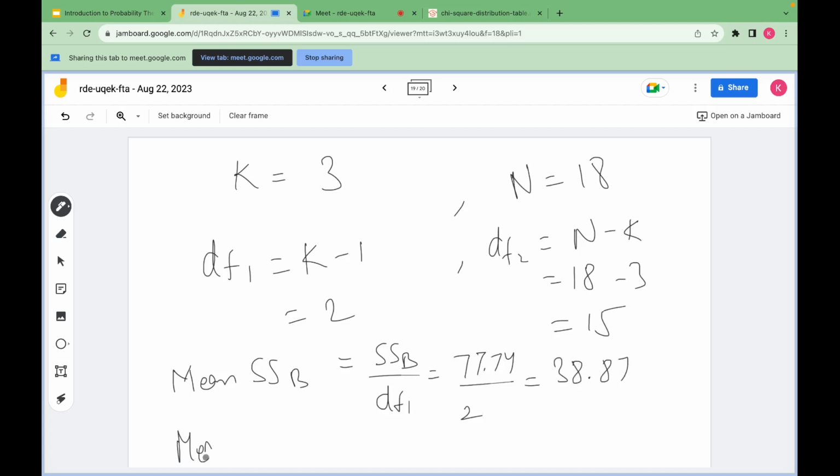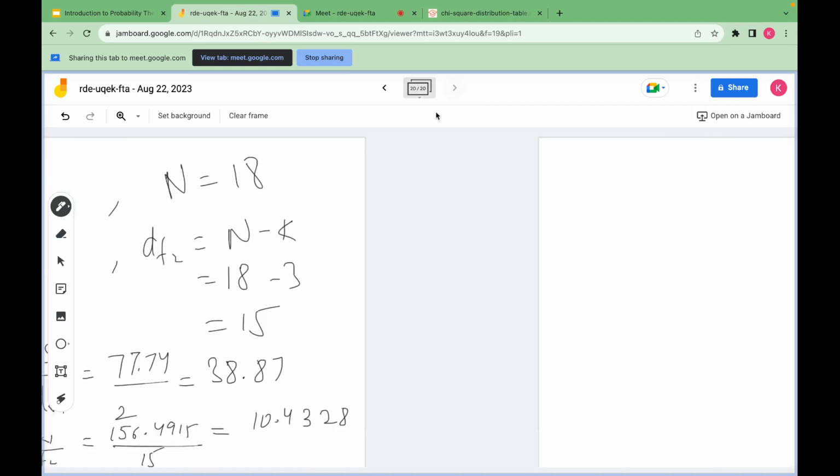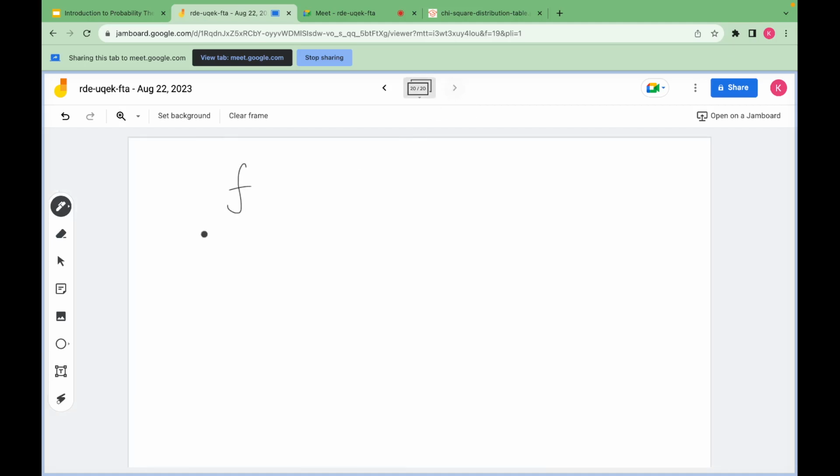Then we calculate the mean SSW, which is SSW divided by df2, which is 156.4915 divided by 15. This value comes out to be 10.4328.